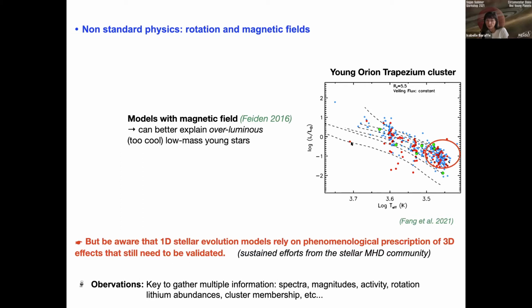And here is a message: there is effort to do from the modeling point of view, but in terms of observations, it is absolutely key to gather multiple information, not only the spectra and the magnitude, but also information about the activity, the rotation rate, the lithium abundance, and the cluster memberships. So now we need all those types of information to try to progress.